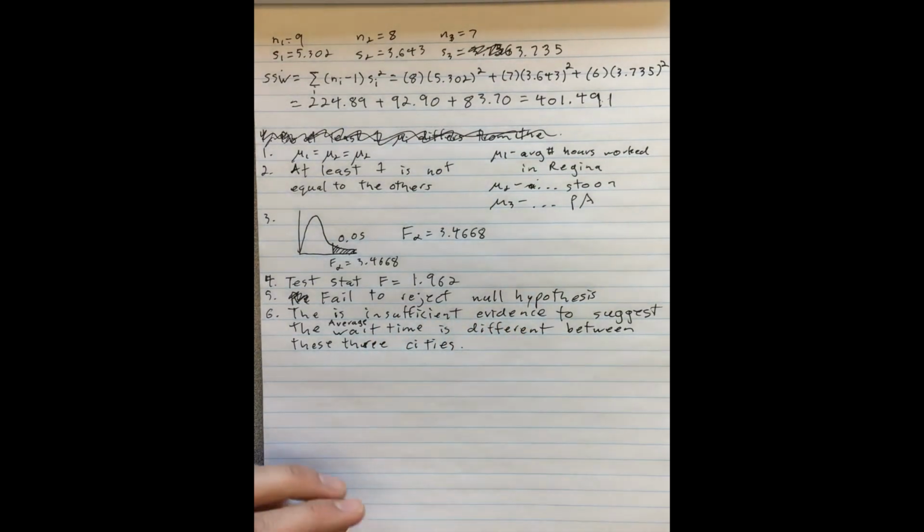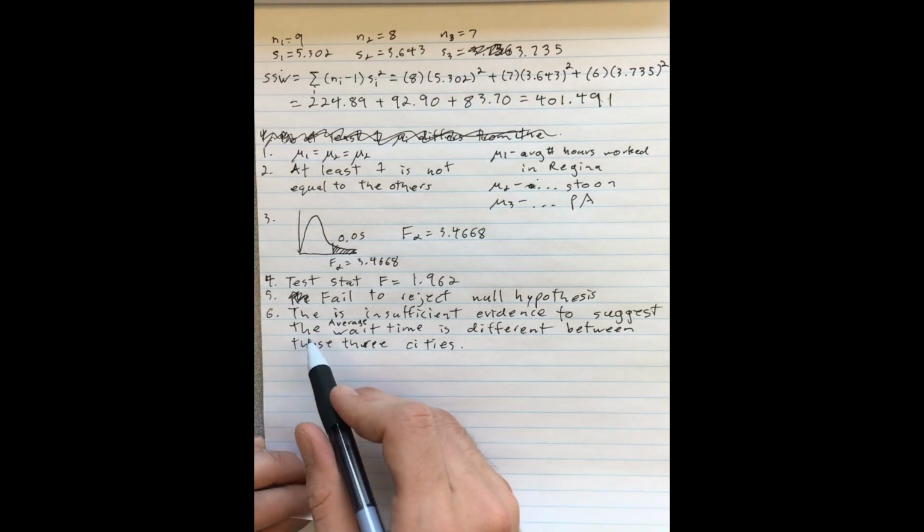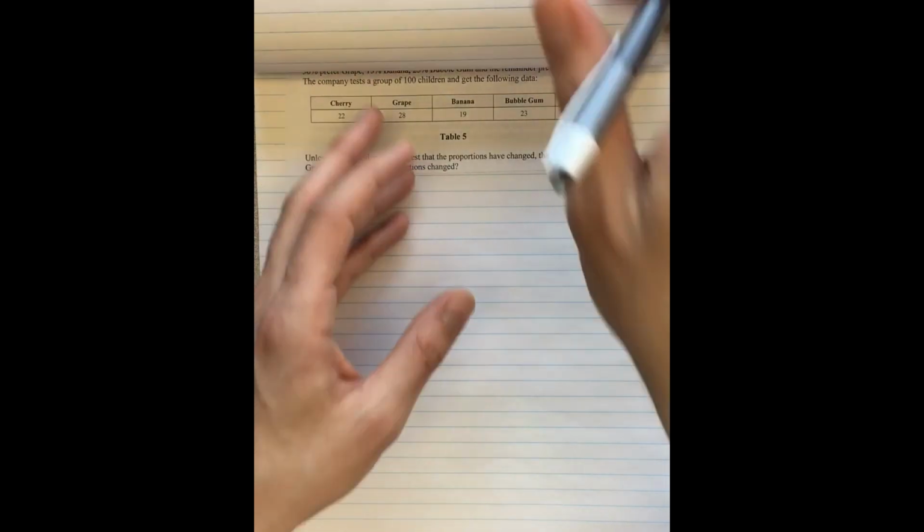It's just the words. The important thing is to say there's insufficient evidence to suggest that the variable you're interested in has the right property. So that's it for now.